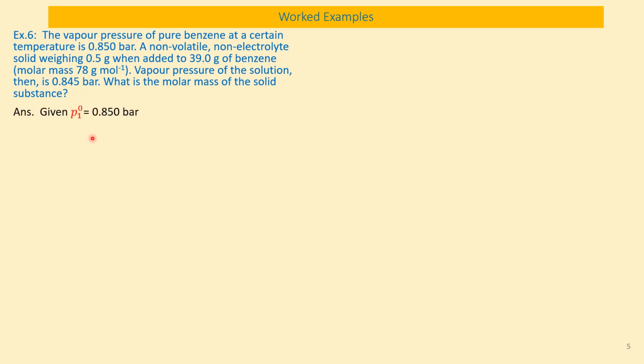Let us solve it. So the vapor pressure of pure benzene, that is P1 naught, is given as 0.850 bar. The vapor pressure of the solution of benzene in solution is given as 0.845 bar, and molar mass of benzene is given as M1 is equal to 78 grams per mole.